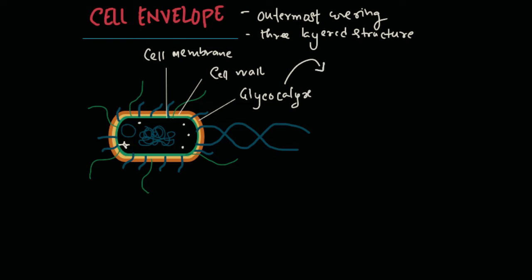Now we will learn about glycocalyx. Glycocalyx is a structure which is external to the cell wall. So it is the outermost layer of the cell envelope. It has two parts, the inner S layer and the outer mucilage layer.